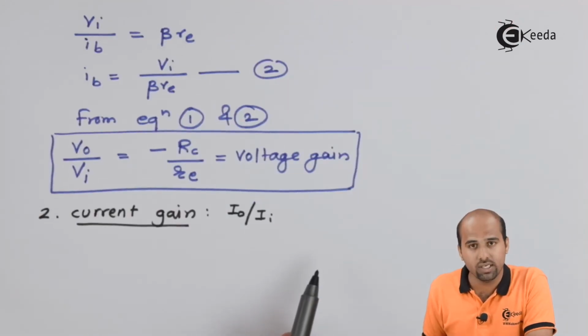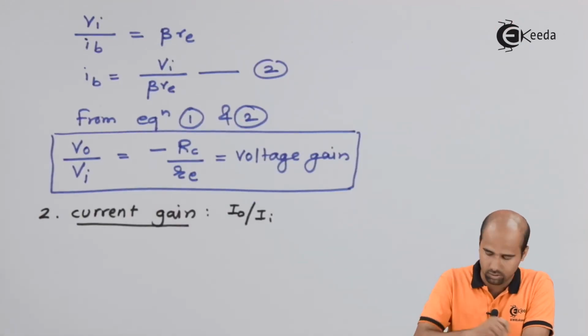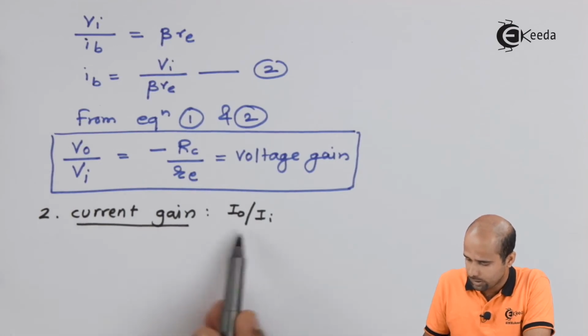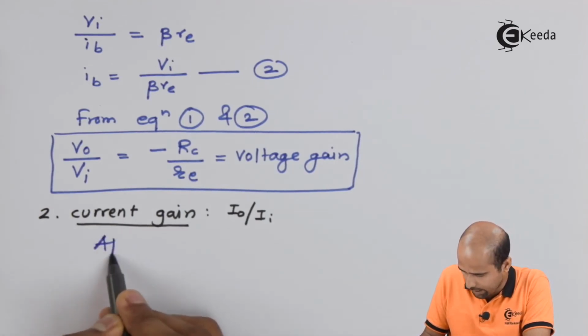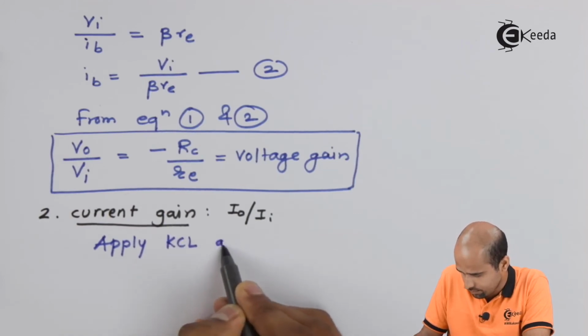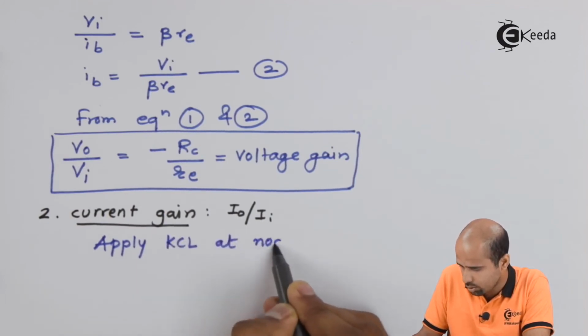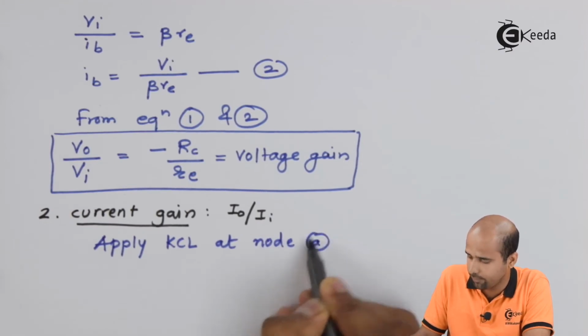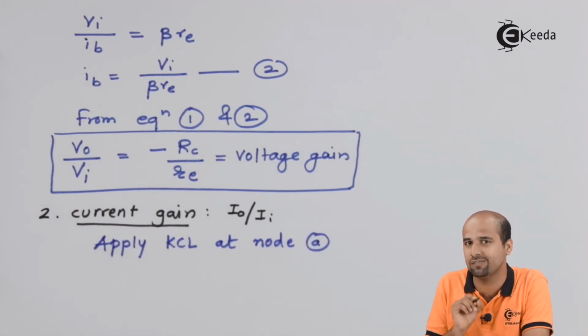Let's move towards the current gain exact analysis. I will say that apply KCL at node A. Keeping this in mind that VO divided by RC is nothing but your current flowing through the output side.